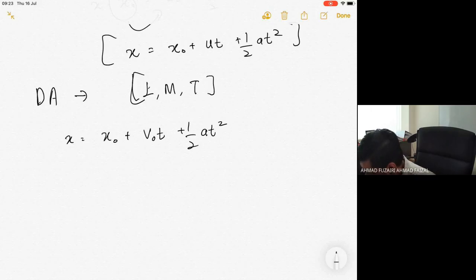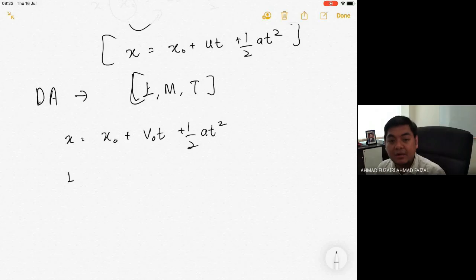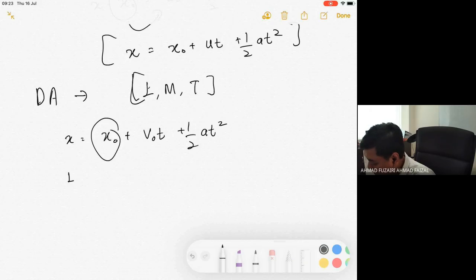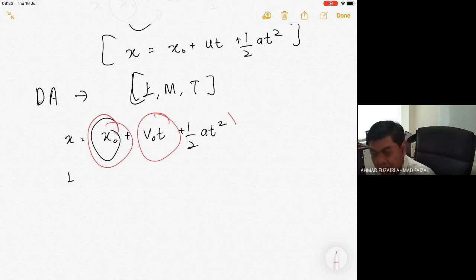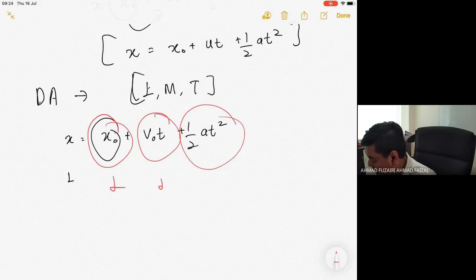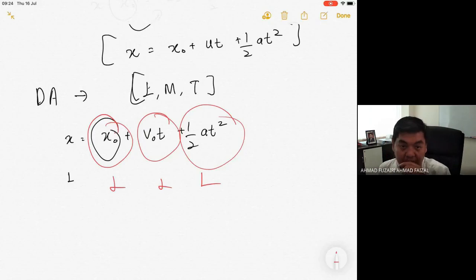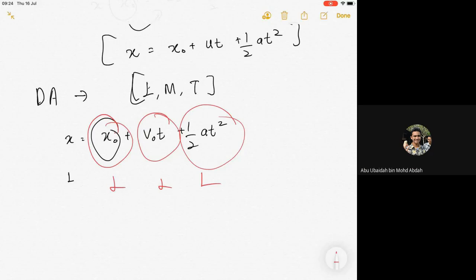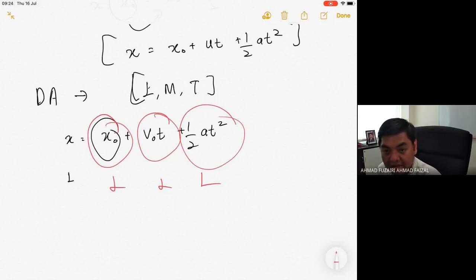So definitely dia akan gunakan L. Nampak di sebelah kiri ialah L. Kalau kita gunakan ini, maksud dia semua sekali mesti jawapan dia L juga. Kalau salah satu term di sebelah kanan tiba-tiba tak dapat L, dapat L per T, betul ke salah equation? Salah.